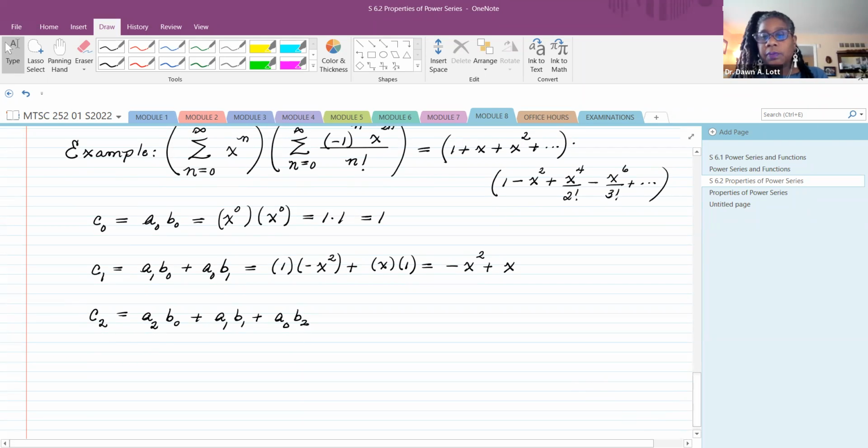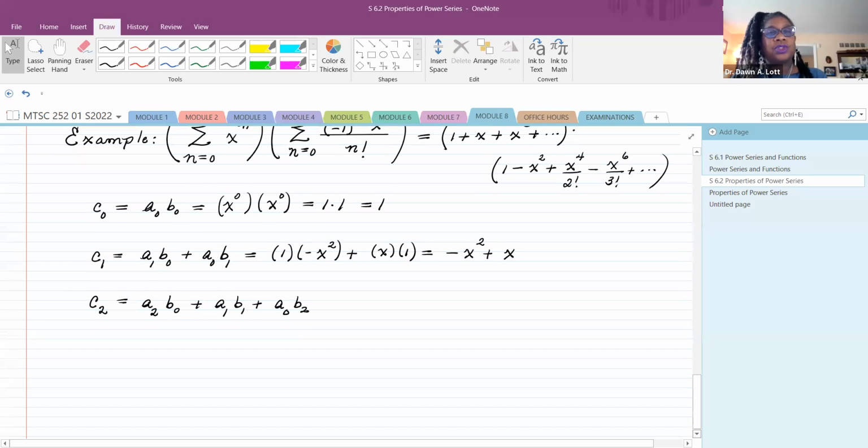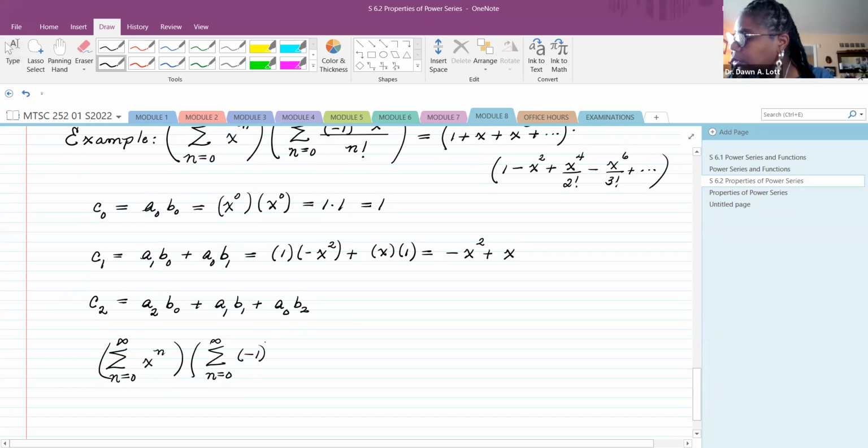So far, just for the first two terms, I know that this sum n equals 0 to infinity of x to the n times the sum n equals 0 to infinity of minus 1 to the n x to the 2n over n factorial.